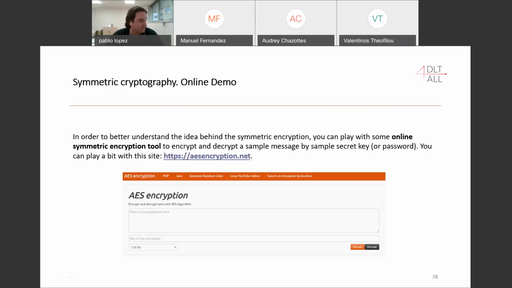Okay, let's continue. Now that we have played and interacted with hash, we can say that we are a person who can encrypt anything.